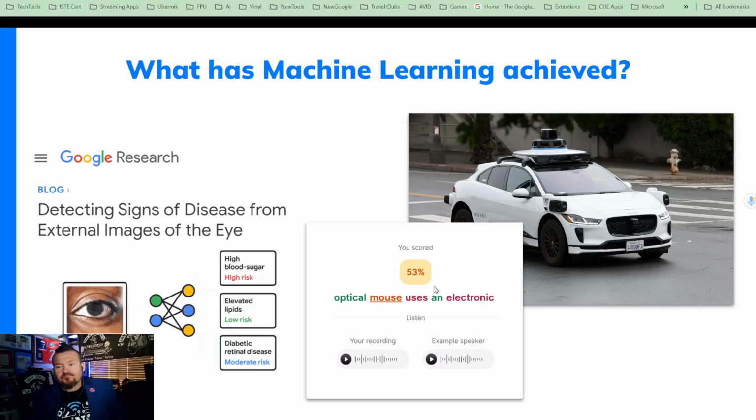For example, self-driving cars, right? They are based on machine learning because they have been fed massive amounts of data on what people look like. So avoid them, right? What's a shadow? So you're not jerking out of the way of a shadow because you think it's a person. What does another car look like? What is a safe distance away? What are these lines in the middle of a road so it knows what side to stay on?